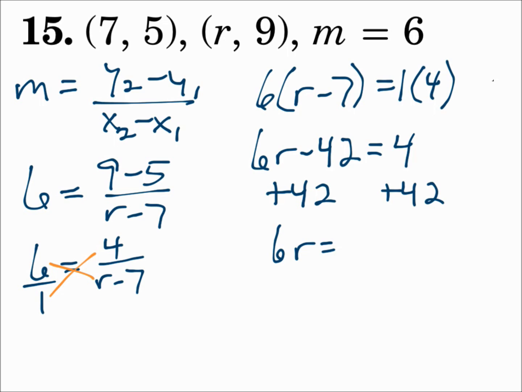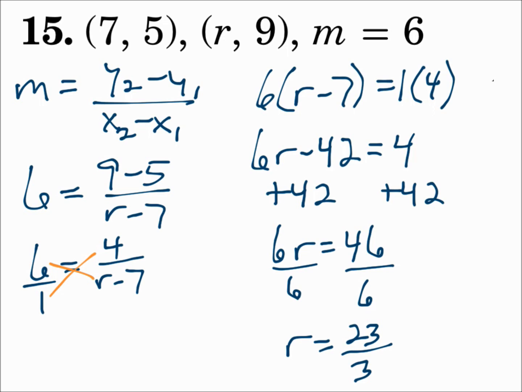And 4 plus 42 is 46. Finally, divide both sides by 6. And r equals, you can simplify that. Those are both divisible by 2, making it 23/3. So sometimes r is a fraction, and that's fine.